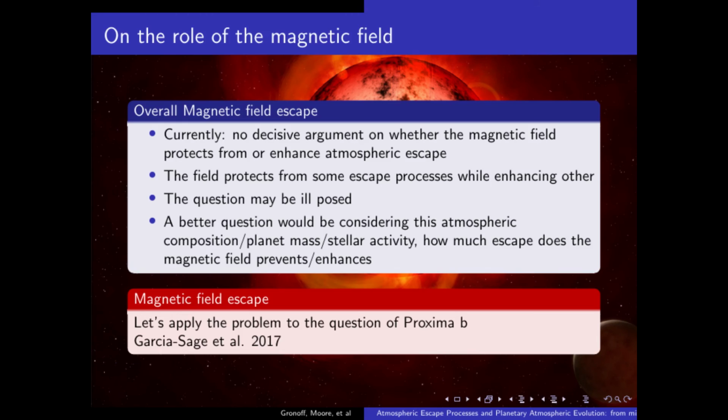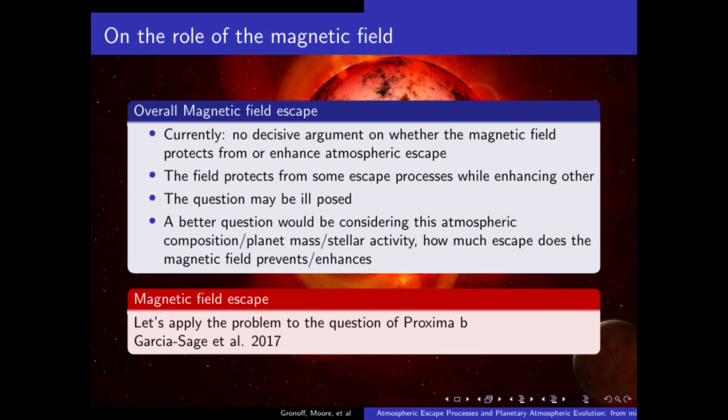However, we can say that the question of magnetic field shielding may be badly posed. It would be better to consider the atmospheric composition, the planet mass, the stellar activity, and then say how much escape the presence of the magnetic field prevents or enhances in these conditions.